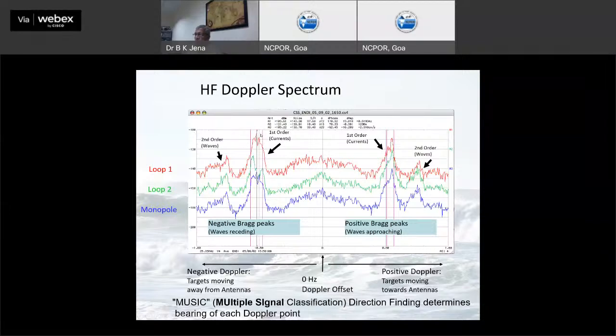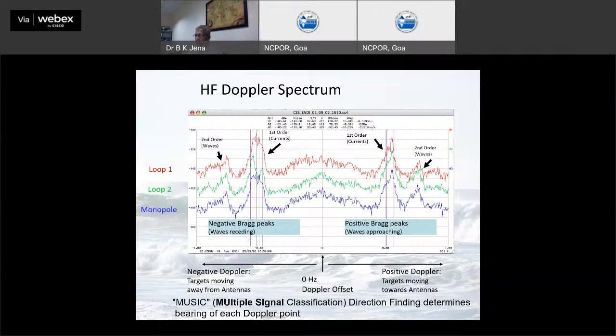This is our first order peak from the spectral information, and this is also the second spectra. This first order spike, whether it is moving towards the receiver antenna, is called the positive Bragg's peak, and if it is going away from the antenna, it's called the negative Bragg's peak.